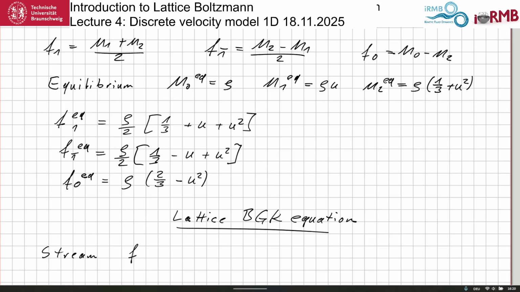So what we do is we keep here one index and we write the position and the time in these brackets. Yeah? So we have the position x, and time t. Now streaming means we are doing a shift. We are shifting from the position x in the direction where the particle is moving to, or the population is moving to, and this is i times delta t.